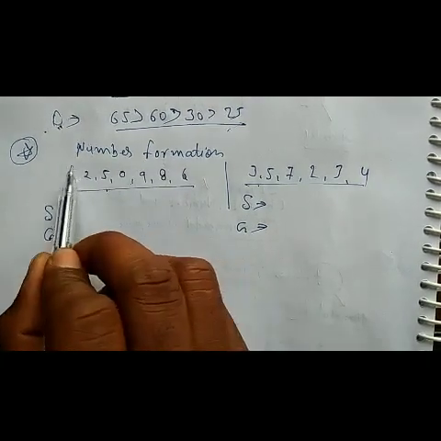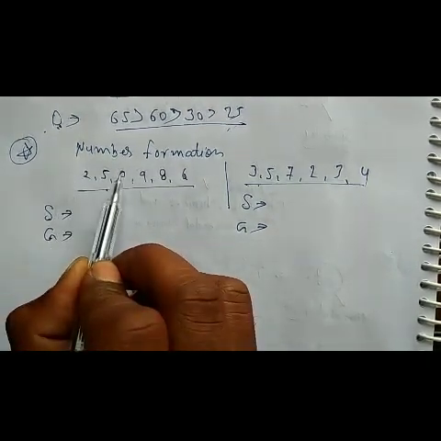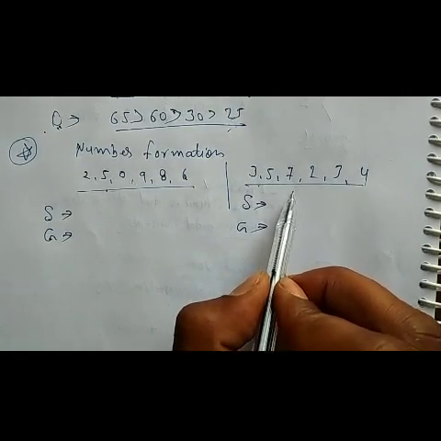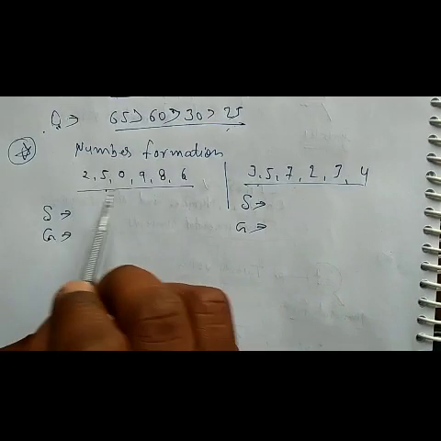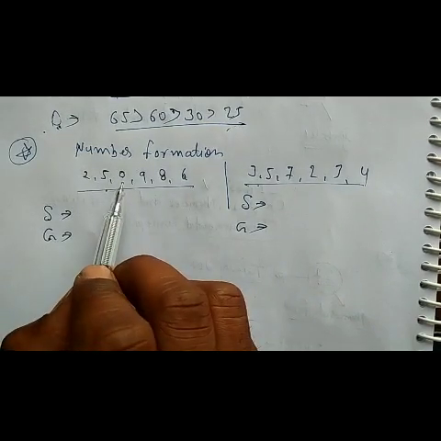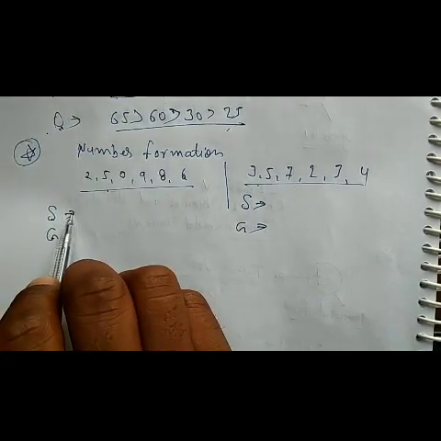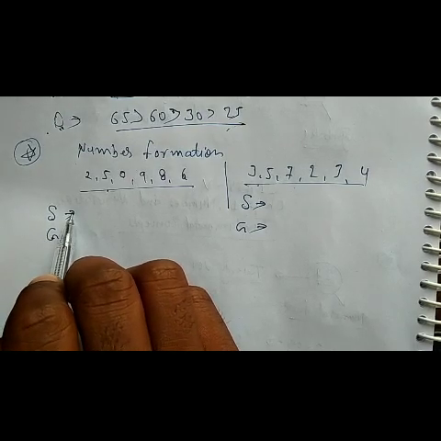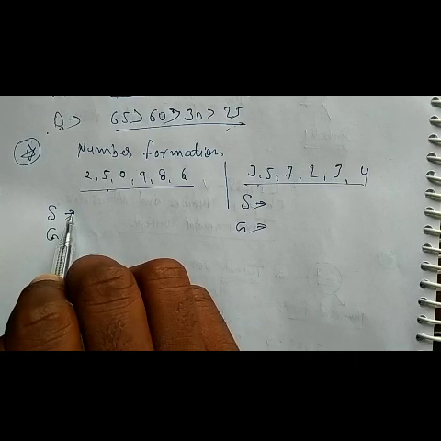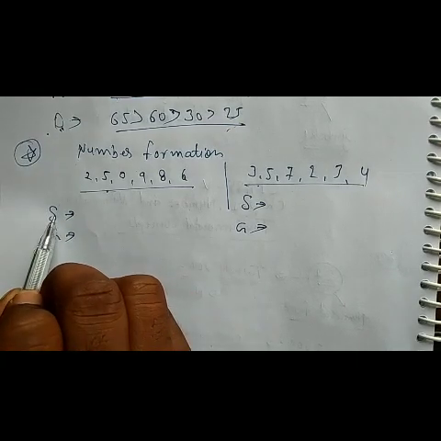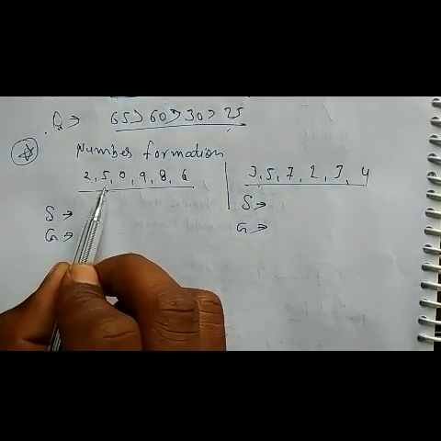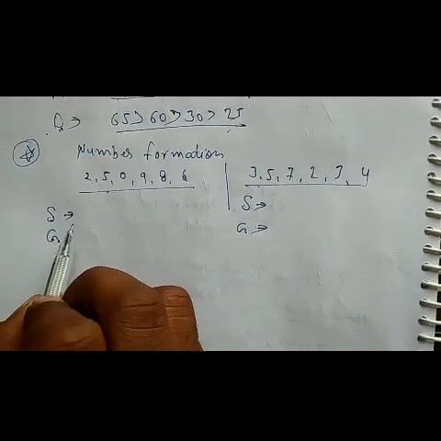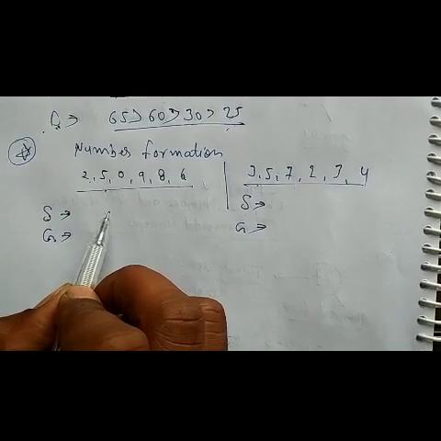In the first question the digits include 0, but in the second there is no 0. So there are two cases. If the digits have no 0, then to form the smallest number, simply arrange all the digits in ascending order, and to form the greatest number, arrange all the digits in descending order.